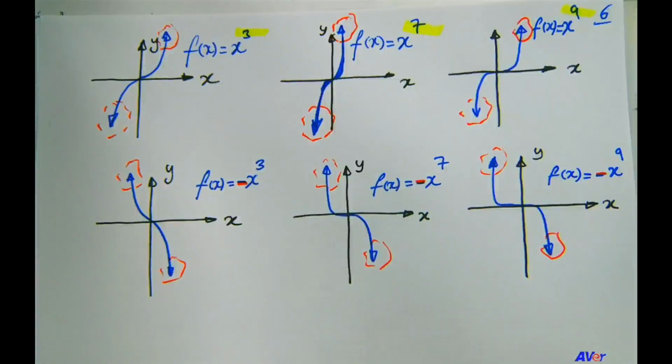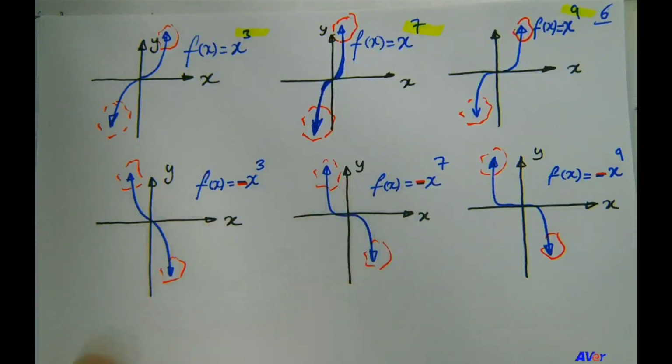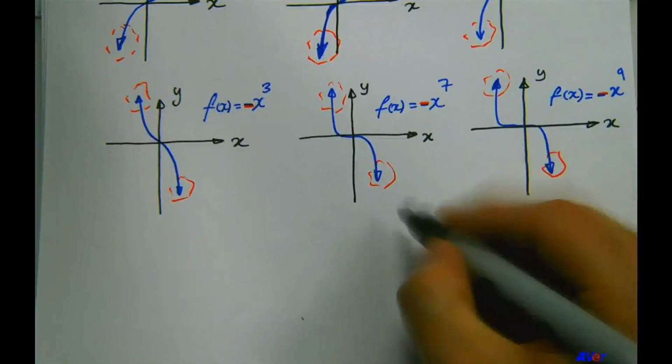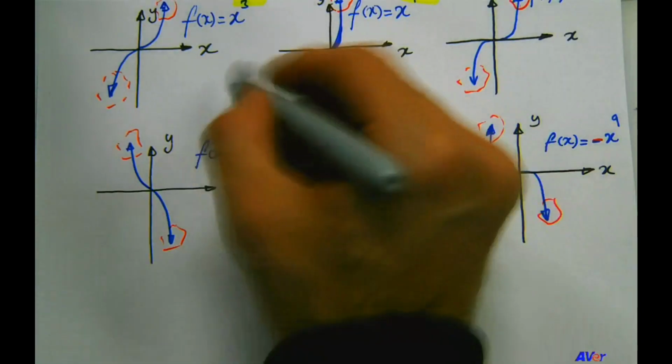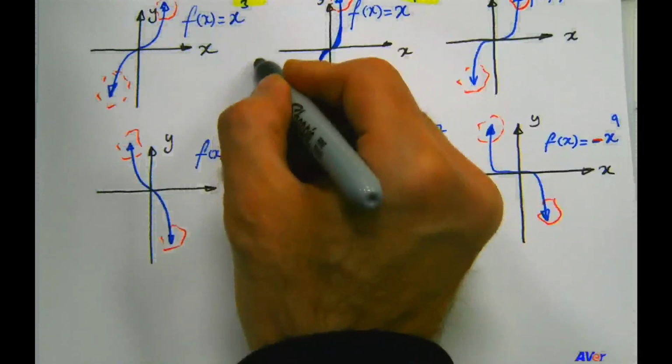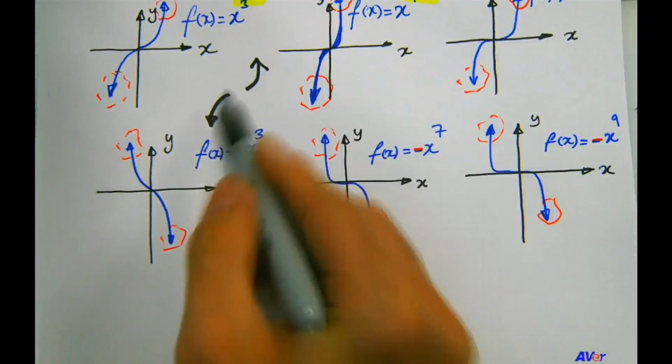So when you have a power function or a polynomial with the leading term having an odd power like this, then you would expect this kind of behavior at the end points of the graph of that power function or polynomial. So in other words, if we generalize this, then with odd powers, you're either going to have this kind of behavior, right?